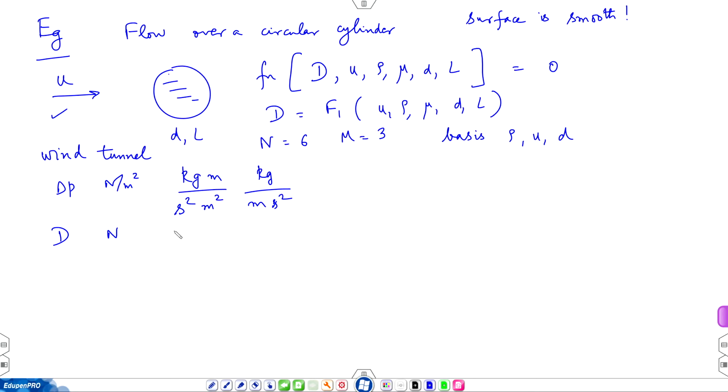So, Newton is mass times acceleration, right. So, you have to substitute dimensions appropriately.